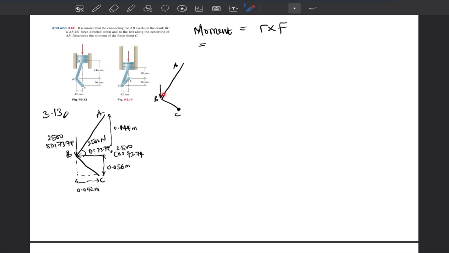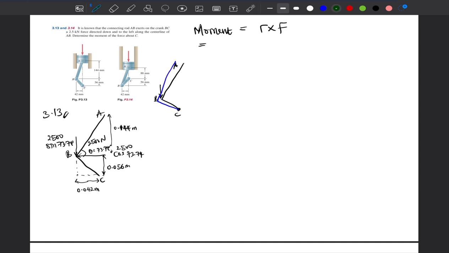So if we have a force acting at C, we can see that if this force is applied, we can expect our body to move this way from this initial position ABC. If the force acts at B, then we can expect our body to move this way.